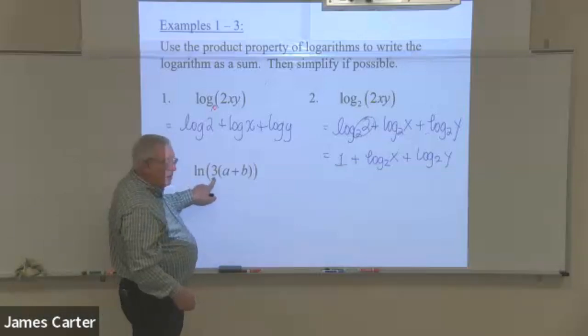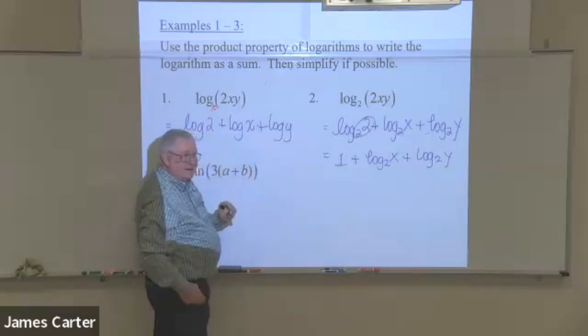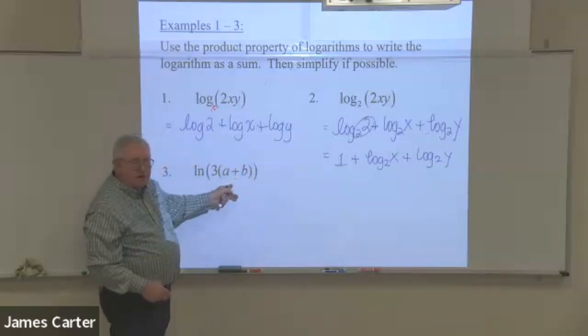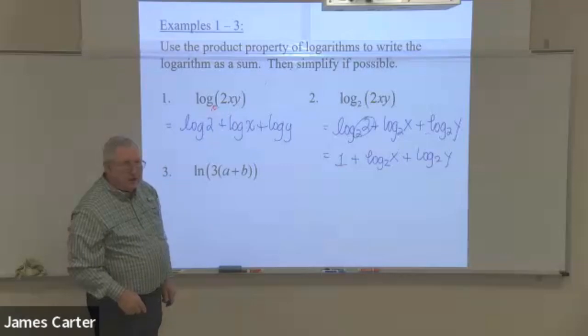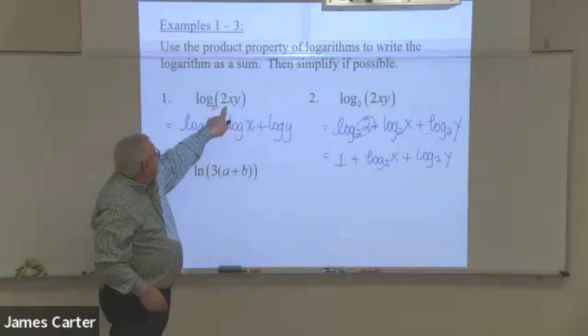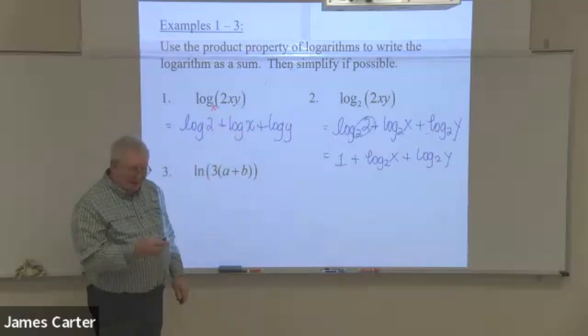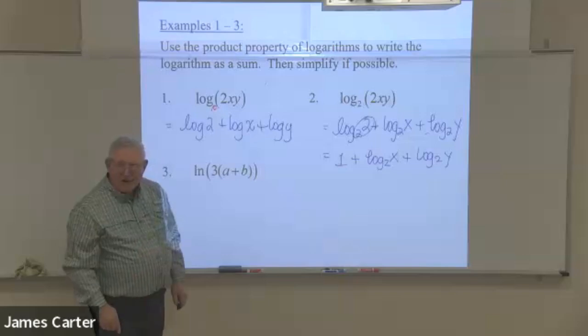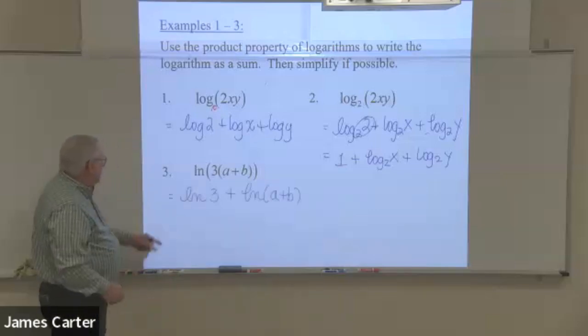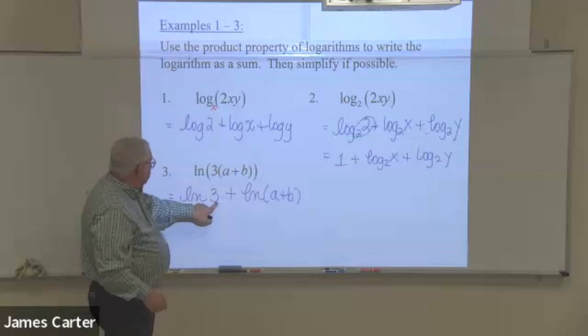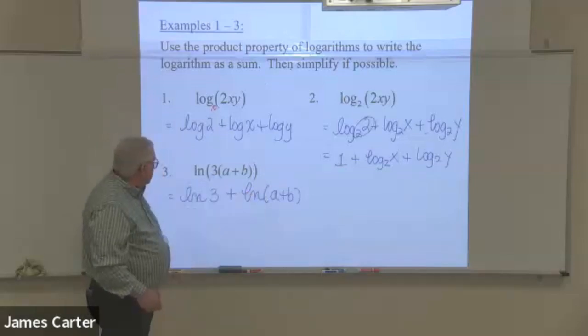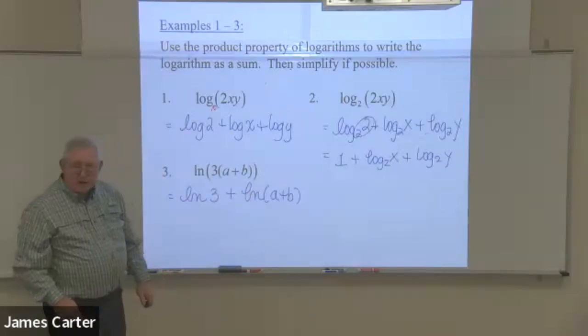We got this one and we got that one. We can't do anything with this plus term. Okay, we can only deal with times terms. That sounds a little silly, I realize. Okay, so this breaks down into natural log of 3 and natural log of a plus b, and that's as far as we can go.